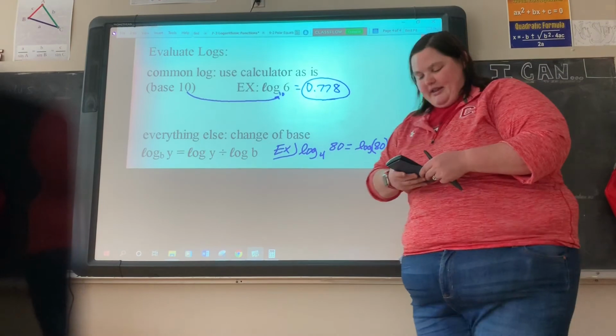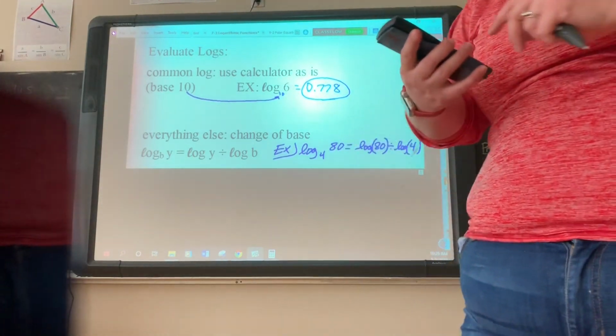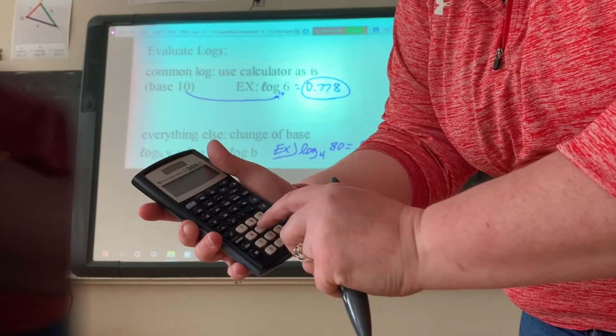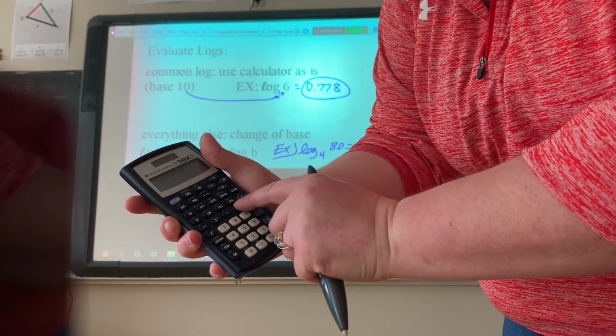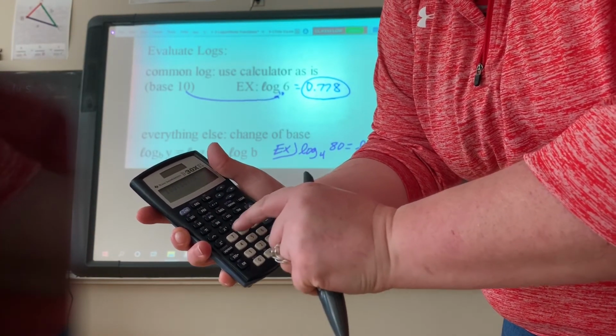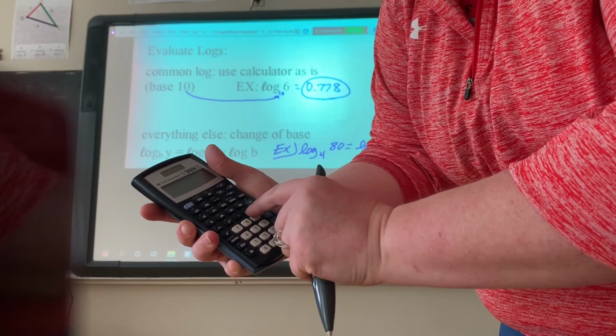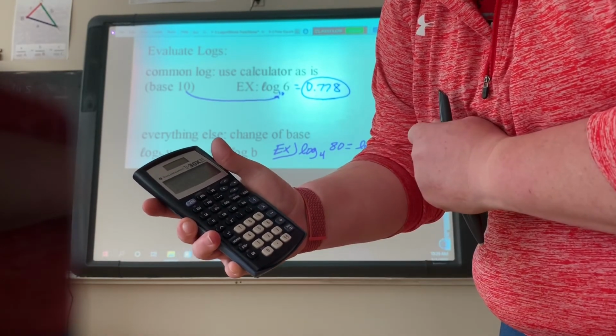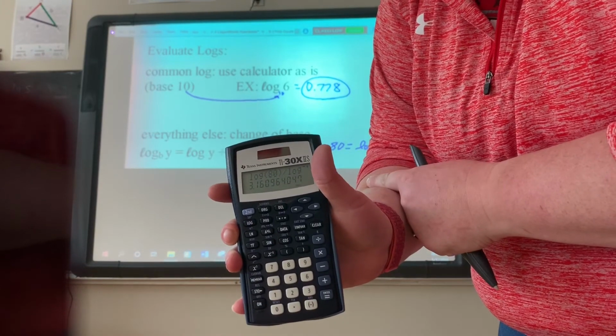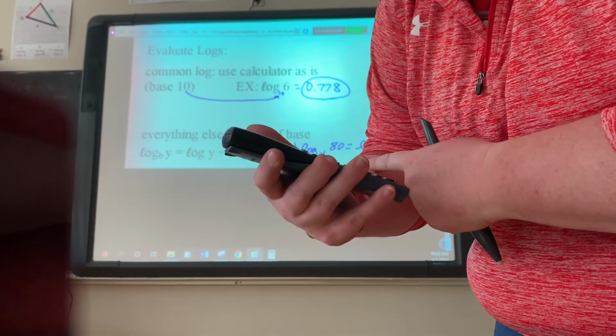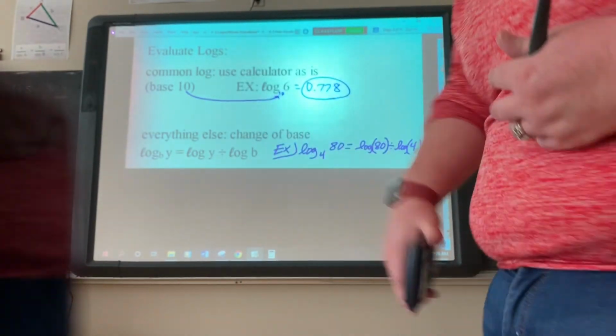So I'll show you that. We're going to do log of 80, close the parenthesis, and then divide it by log of 4. And so that's the exponent you'd put on 4 to equal 80. So it's 3.161.